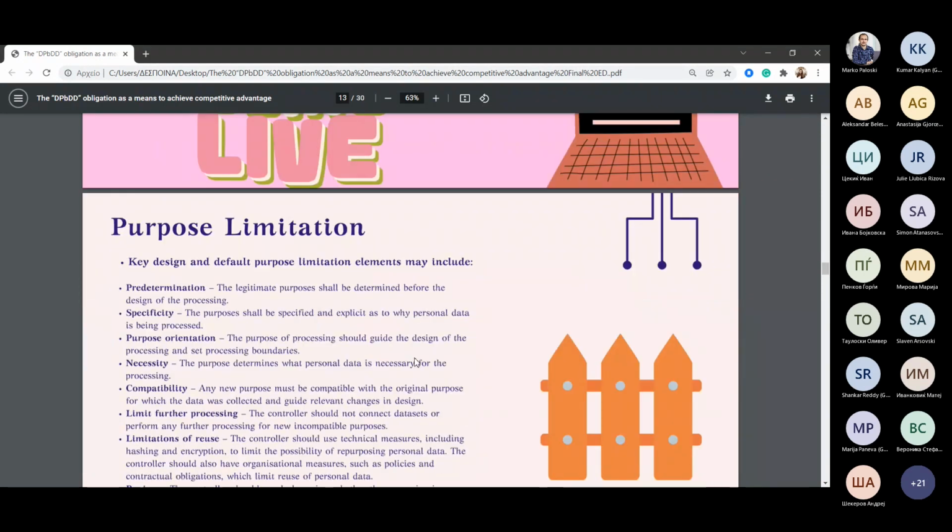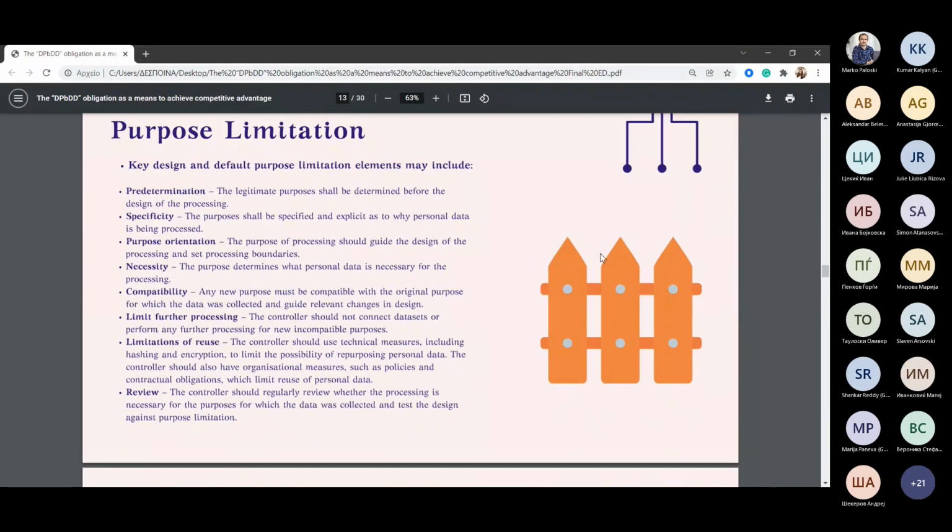So let's proceed to the next guiding principle, which is the purpose limitation. Purpose limitation key design elements include predetermination. The legitimate purposes shall be determined before the design of the processing.